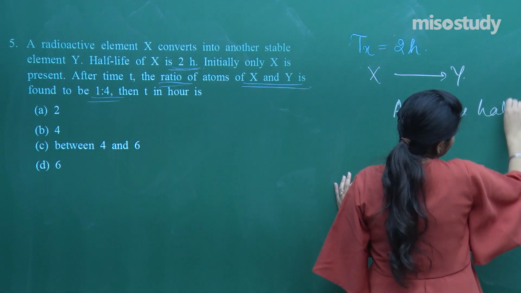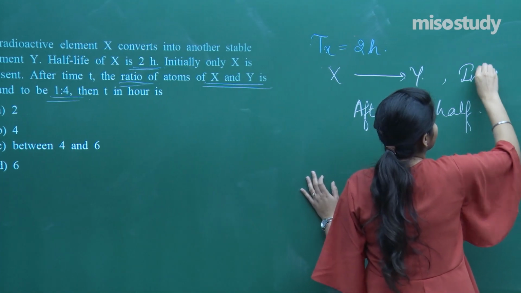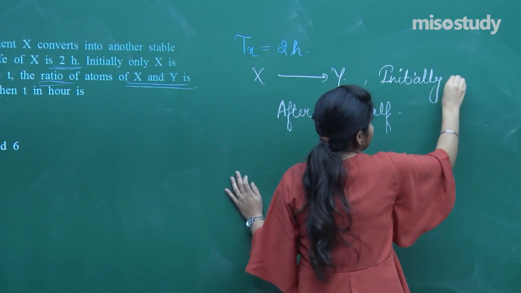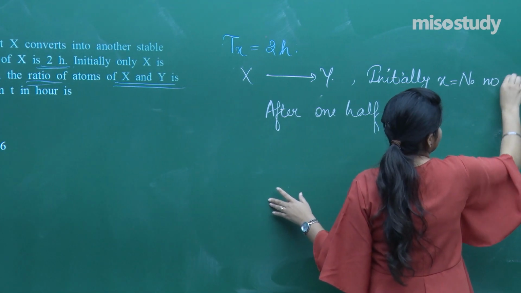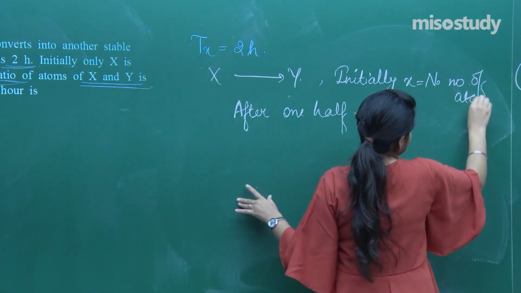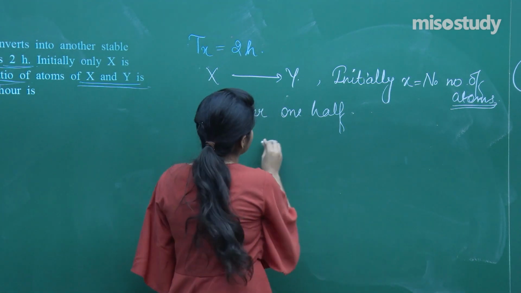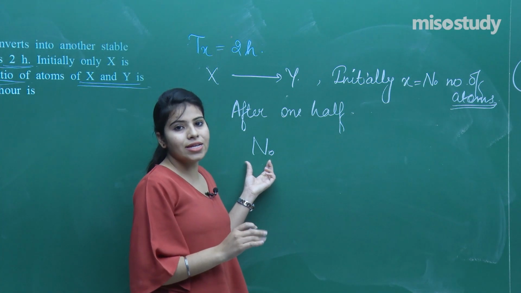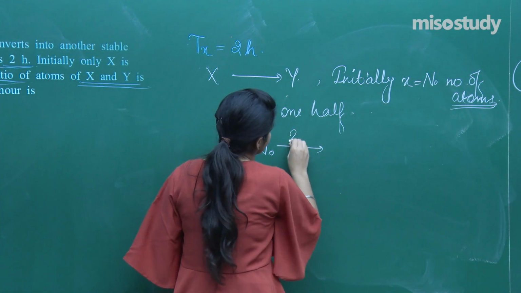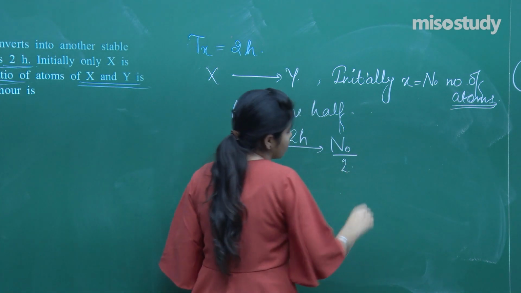Suppose initially X had n naught number of atoms. Let me say after one half-life what will happen? Initially it was n naught. After 2 hours it is converted into n naught by 2.